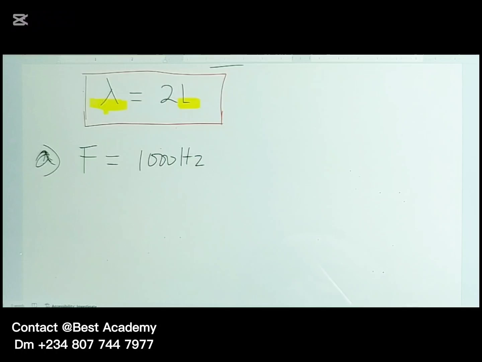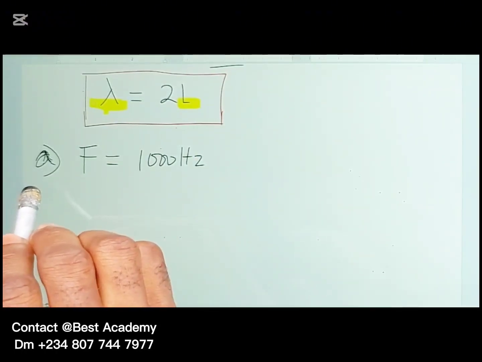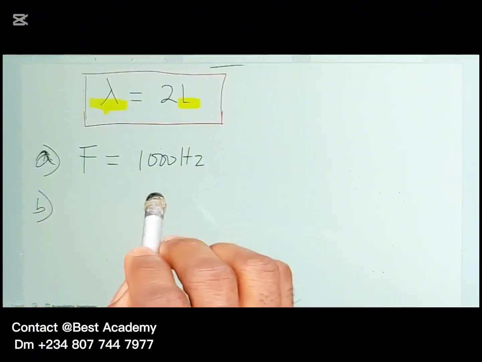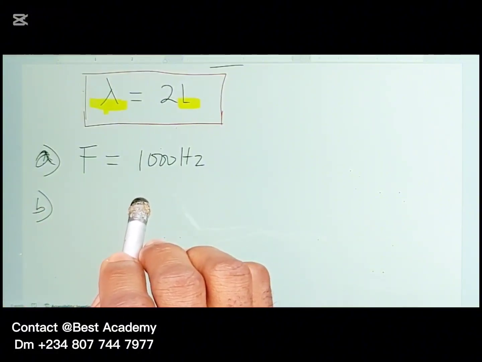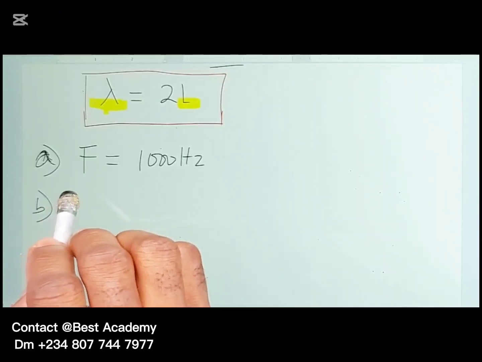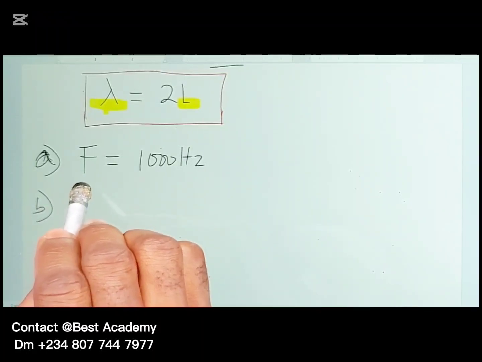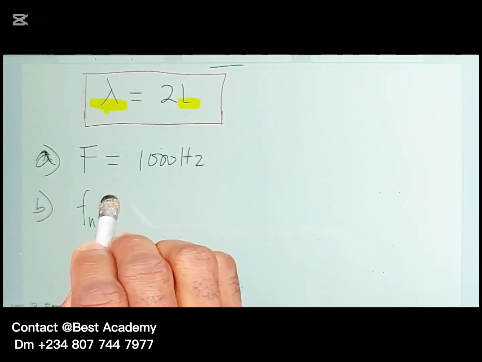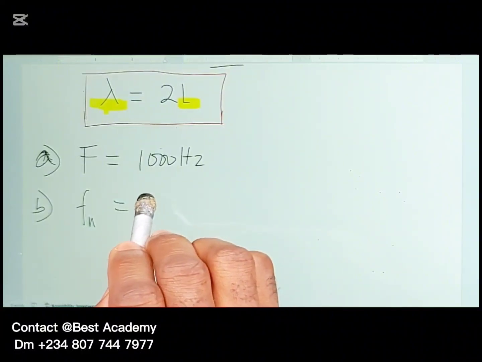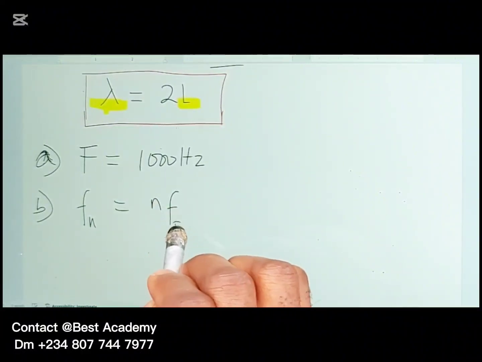Now let's look into question B. Question B is second harmonics. So let's know the formula for the harmonics of an open pipe. The formula for harmonics of an open pipe is said to be f of n is equal to n times f of naught. Please take note.